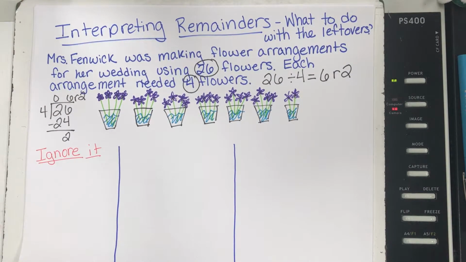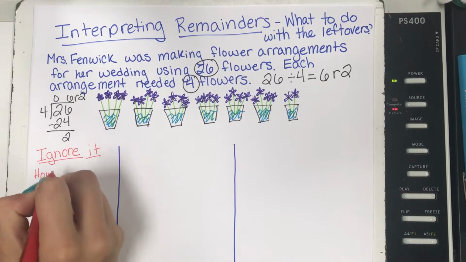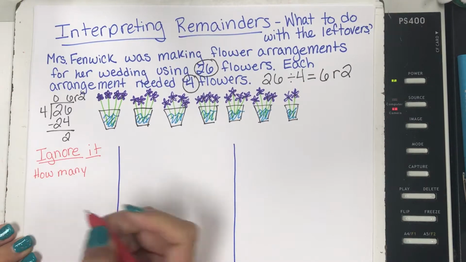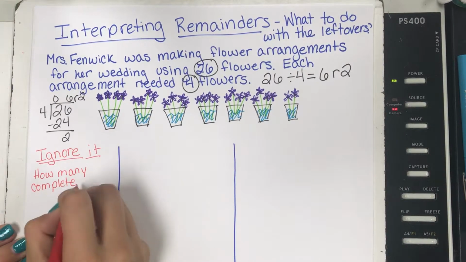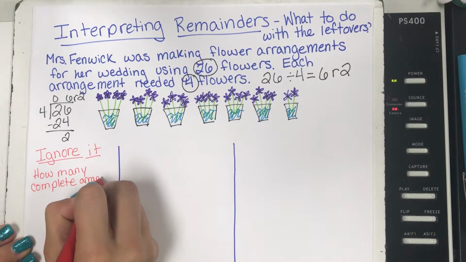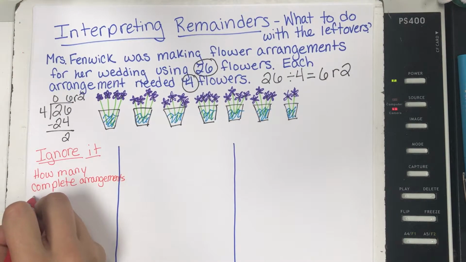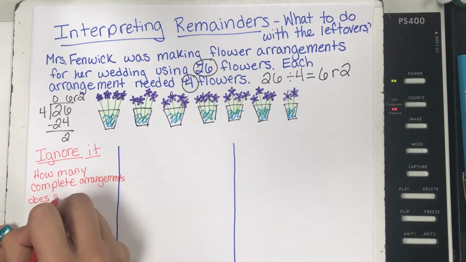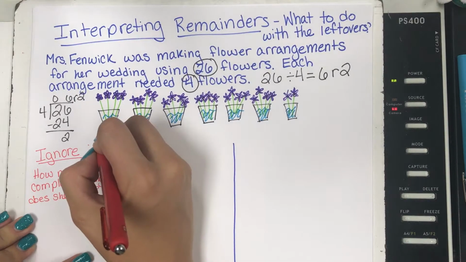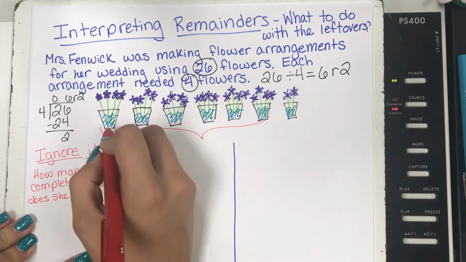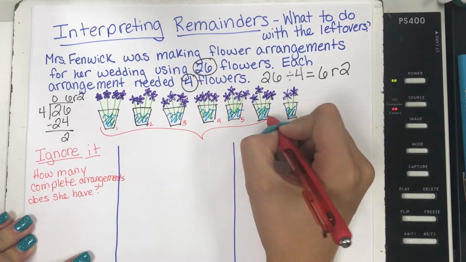And an example question like this would be, how many complete arrangements does she have? Okay. And here, look, I have 1, 2, 3, 4, 5, 6.